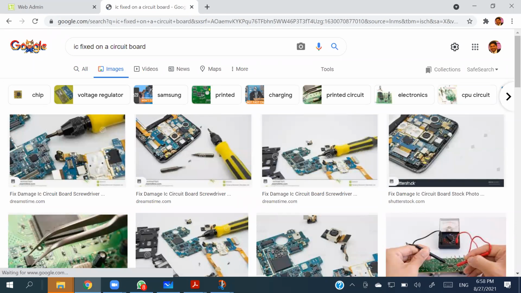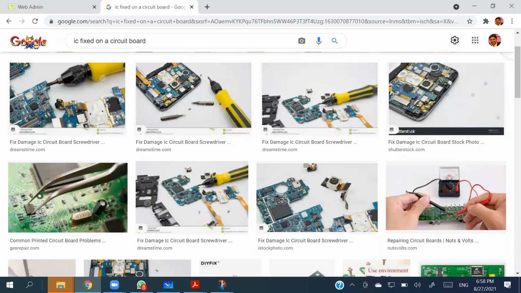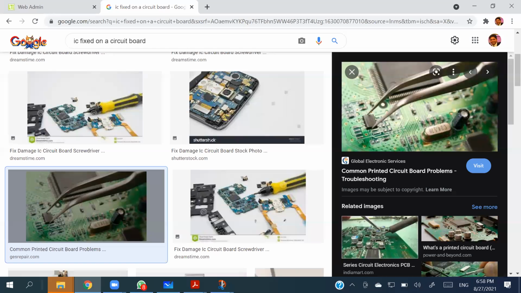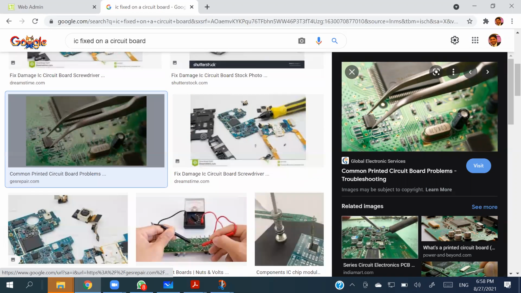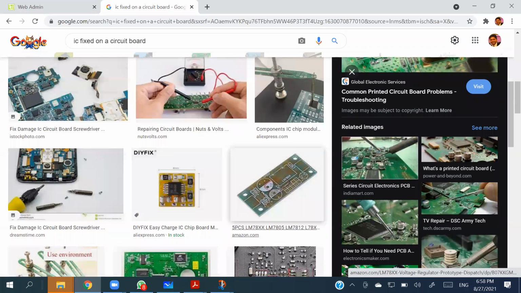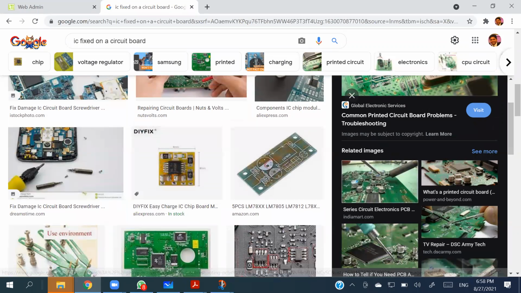Can you see the ICs fixed there? I'm pointing at this one with a small pair of tweezers. So likewise there are many different ICs on the circuit boards. We program this IC, which is made of gates, and we are going to fix it onto the circuit boards. We won't be able to fix it onto the circuit board without having that specific idea.